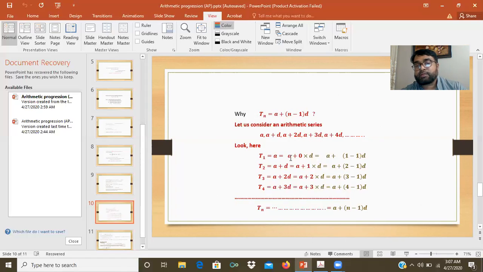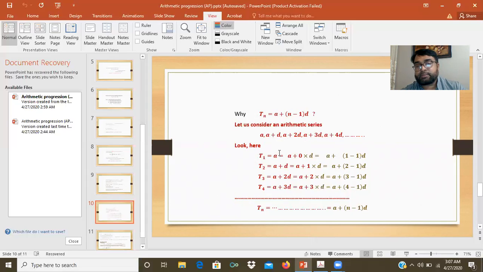Since there is nothing with a, we can consider a plus 0 times d, and for 0 we can write 1 minus 1, so a plus 1 minus 1 into d. We are doing this just to see the pattern of the different successive terms.